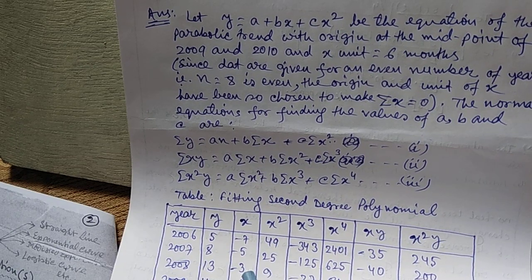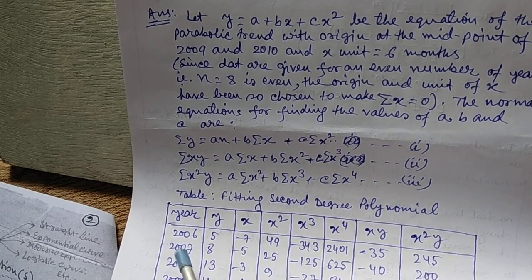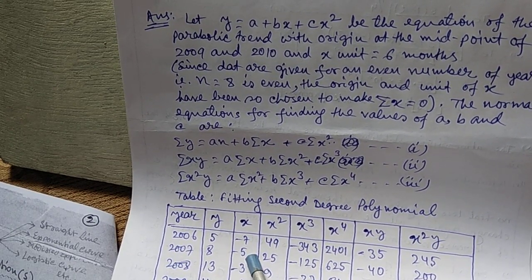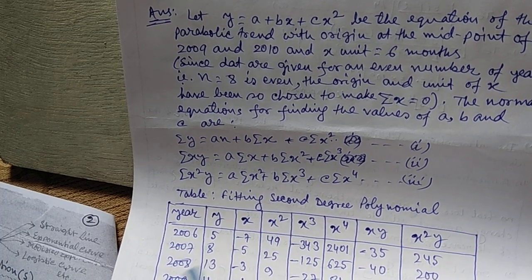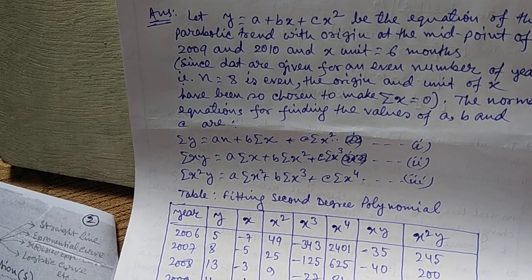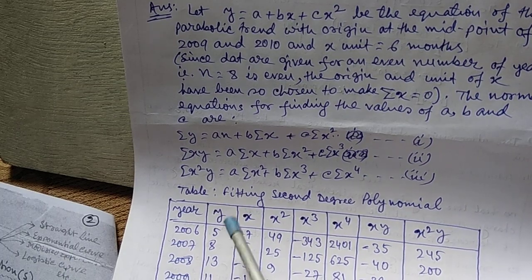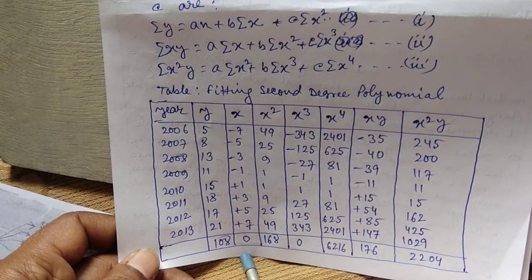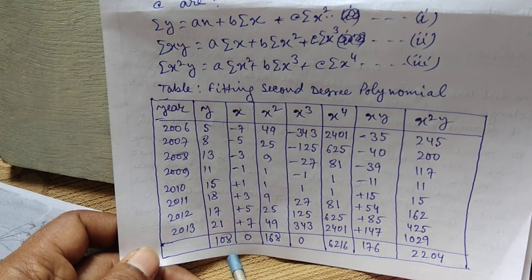Similarly, in case of 2007 it should be minus 5 and 2006 minus 7, and here it will be plus 1, plus 3, plus 5, plus 7. So the summation of x will be 0.